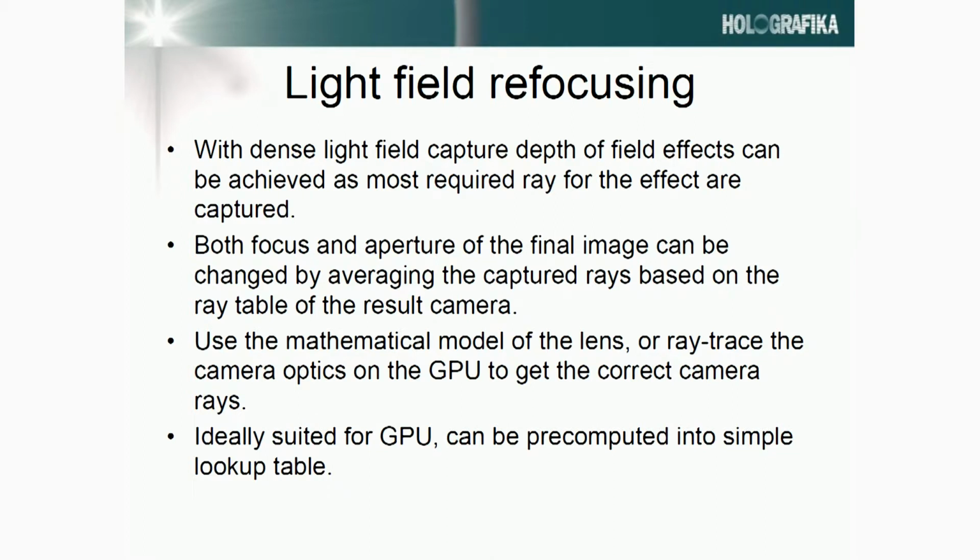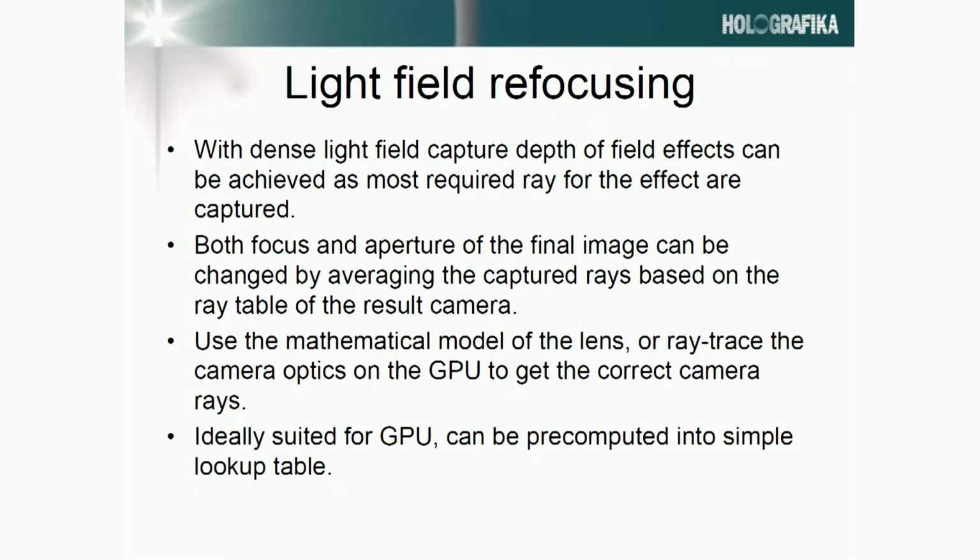If you want to simulate a camera that has a focus on a certain plane, then you just need to sample the rays that went into your light field camera, so that you only apply the rays that match the focus point of that specific camera. Nice depth of field effects can happen if you do this. You can change the focal length of the camera after the shot, which is really cool.